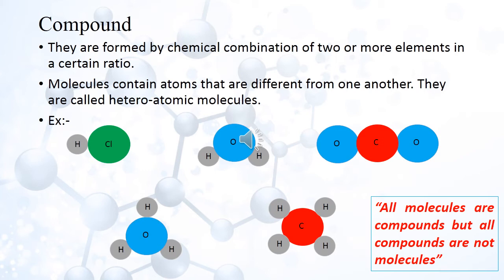Next, ammonia. One nitrogen with three hydrogen atoms forms an ammonia molecule. Finally, methane. One carbon atom with four hydrogen atoms together form a methane compound molecule.